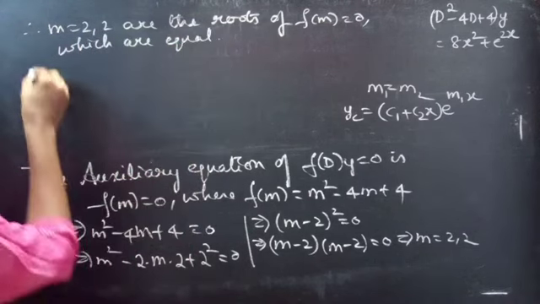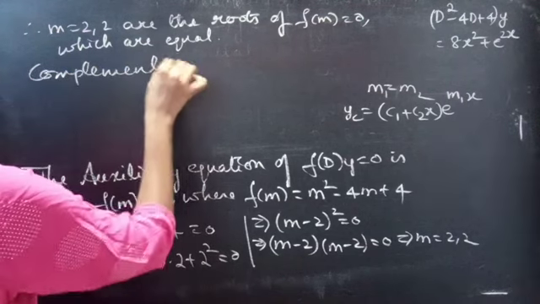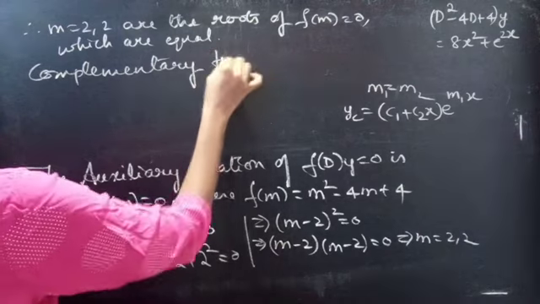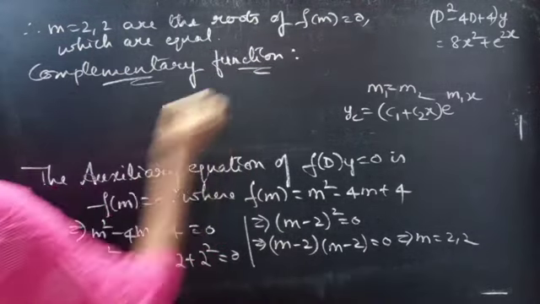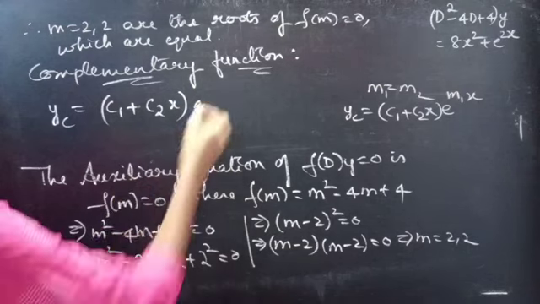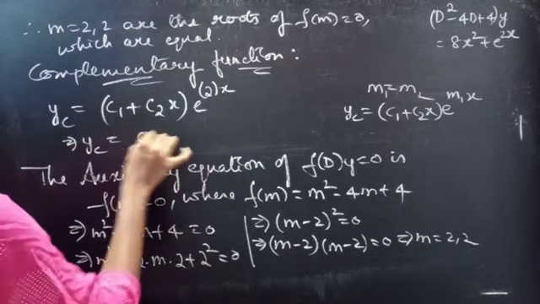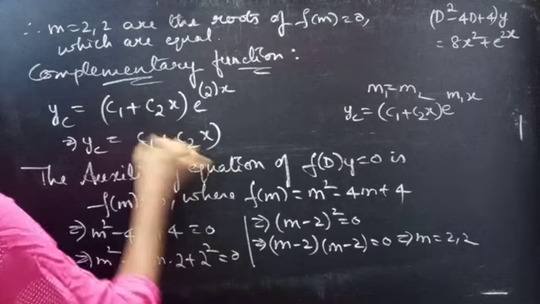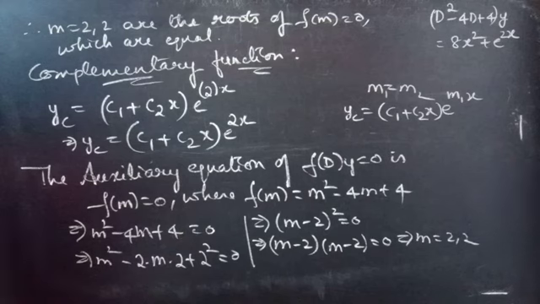So our complementary function looks like yc equals (c1 plus c2x) into e power equal root into x. Then yc equals (c1 plus c2x) into e power 2x. Now we got yc. Now let's find yp, the particular integral.